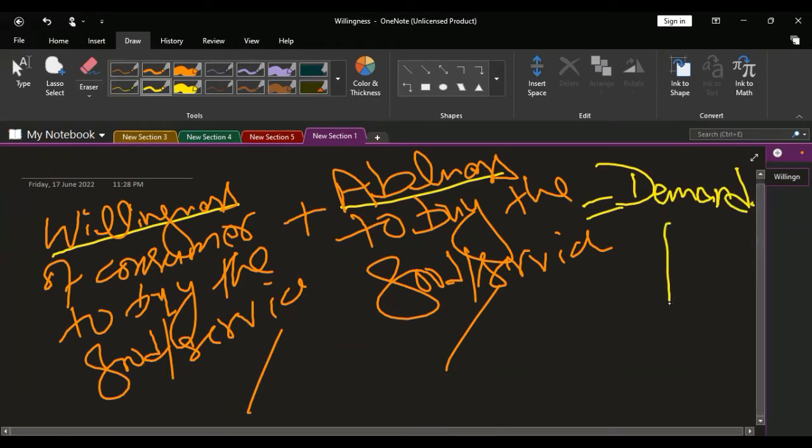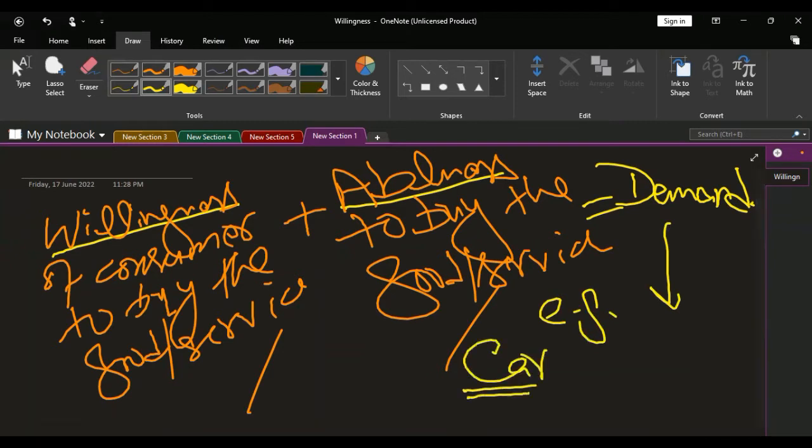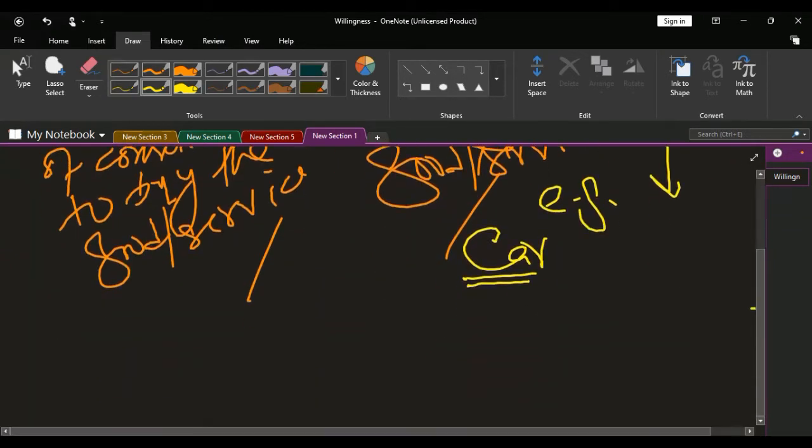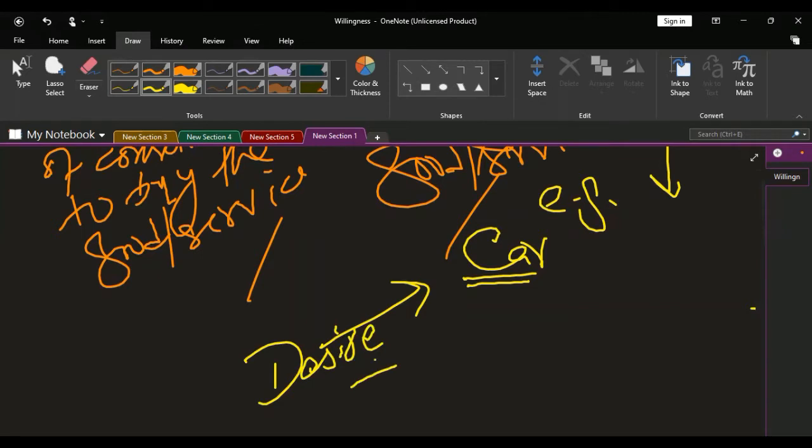For example, if you want to buy a car, there is your desire to purchase the car, as well as you are able, you have sufficient money in your bank account or in your pocket so you can buy the car.